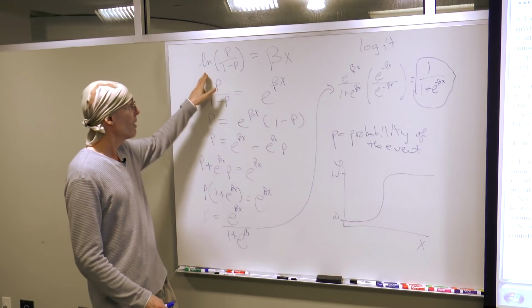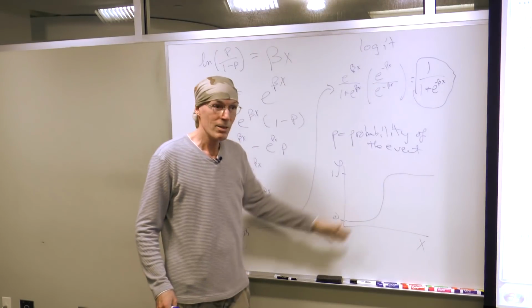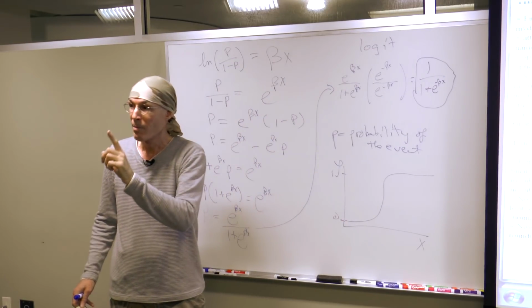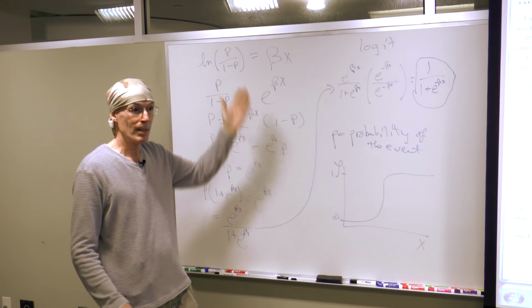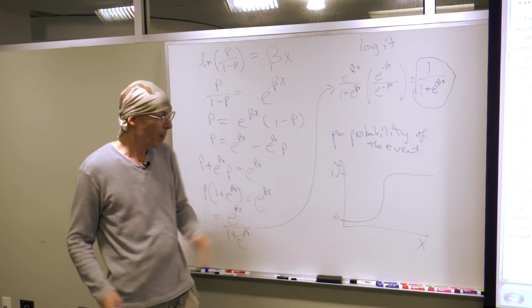But the log of the odds ratio did get rid of the problem of having that weird predictor line, because now we have a linear predictor line. But what we want is p. We don't want a linear predicting line of something that doesn't make sense to us. We want p. So how do we get p?